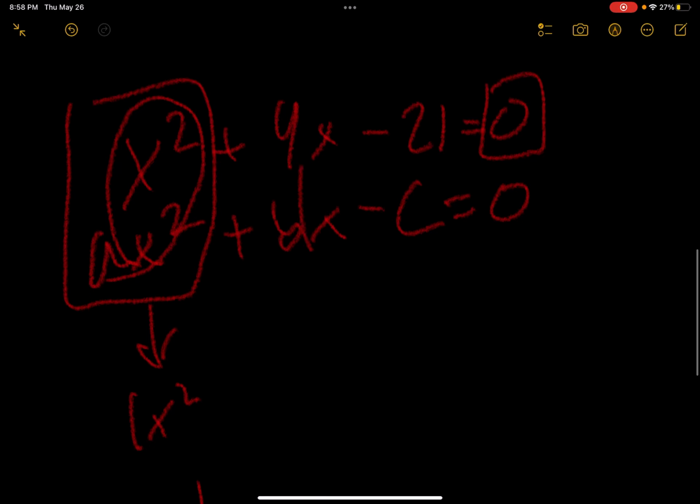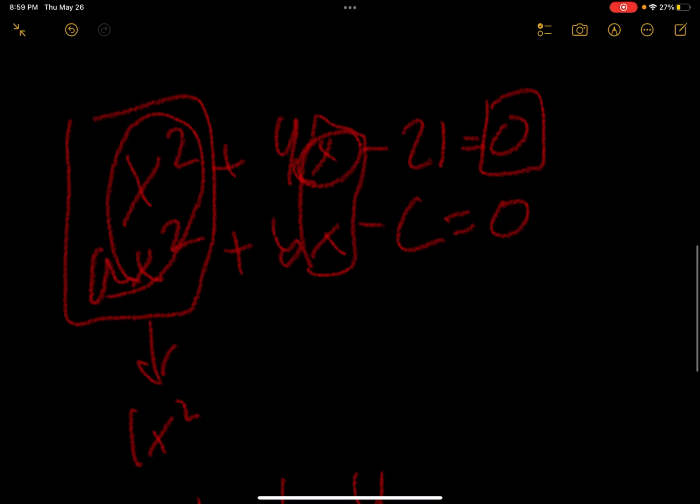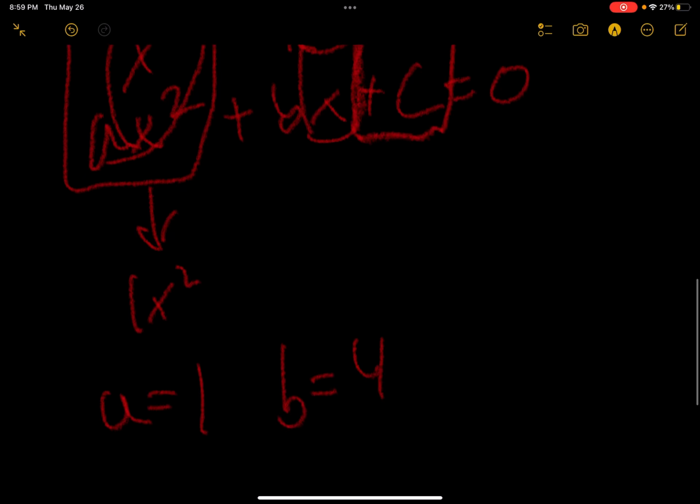We have the x right here, and we see that the coefficient of x, which is b, in this equation is 4. So that means b equals 4, and it should be plus as well. So now if you'll notice here, we have the constant c, which is subtracting, so c equals negative 21.